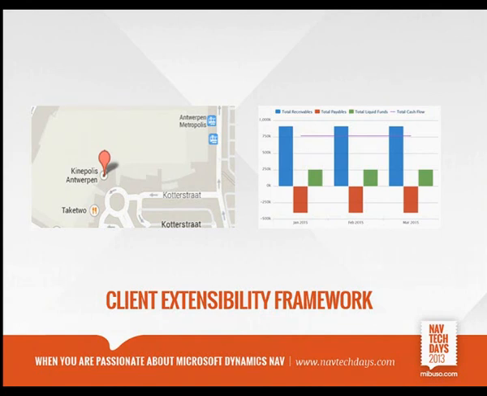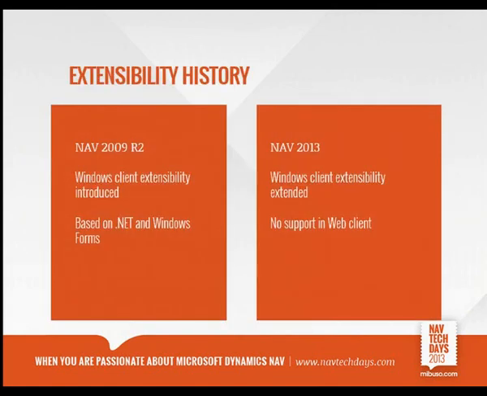So the history. The first version of client extensibility was released in 2009 R2, and it was intended to work for the Windows client, so it was based on .NET and Windows Forms.